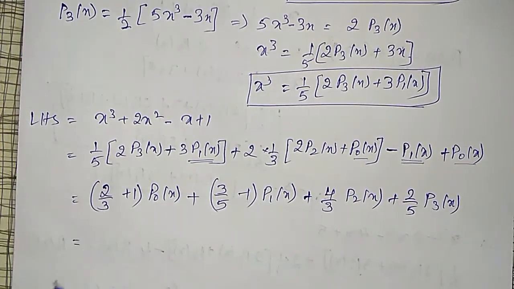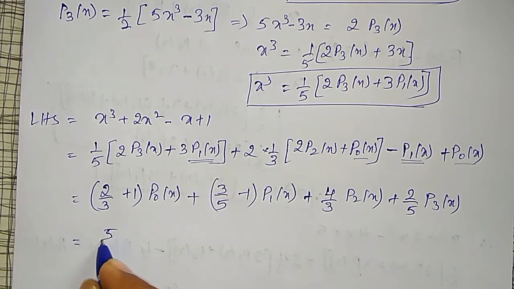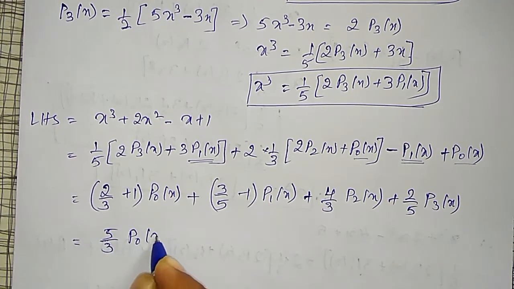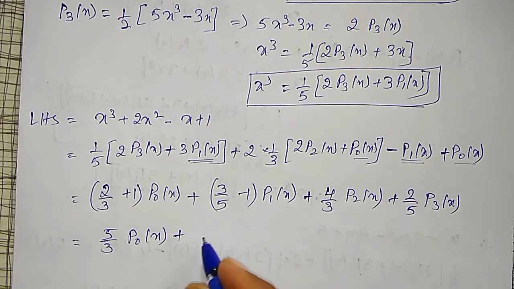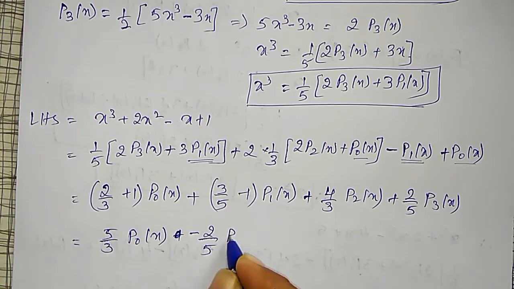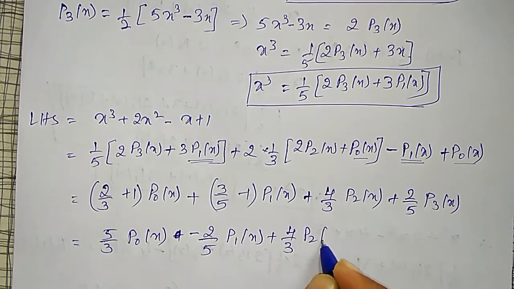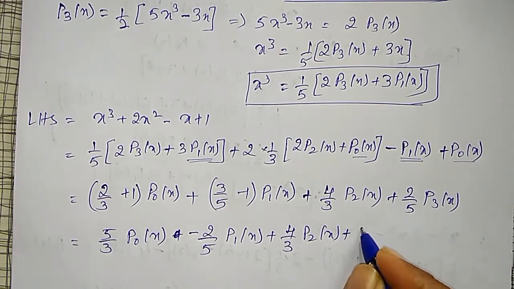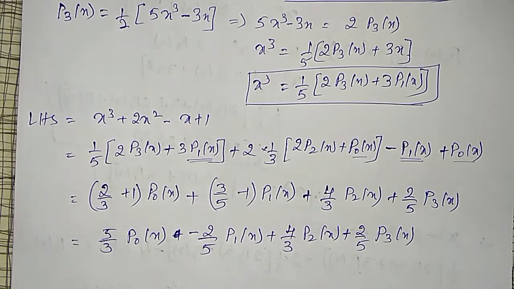I will simplify this. LCM is 3: 3 plus 5, 5 by 3 P0 of x, plus LCM is 5: 3 minus 5 minus 2, that is minus 2 by 5 P1 of x, plus 4 by 3 P2 of x plus 2 by 5 P3 of x.